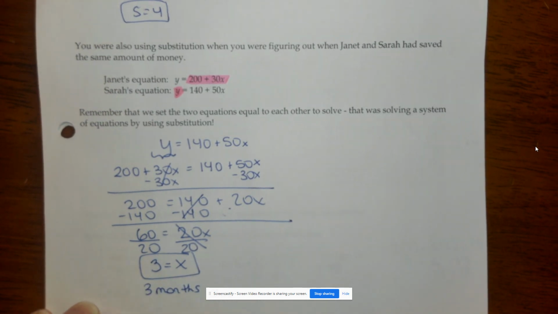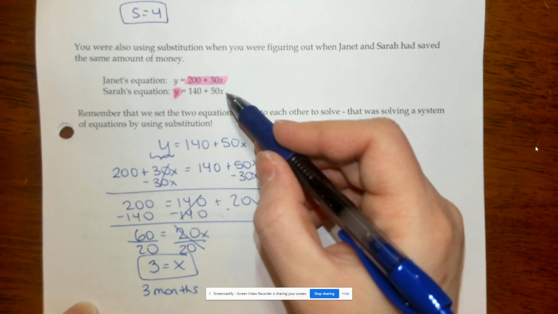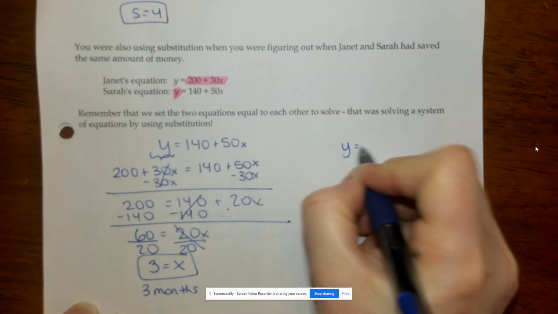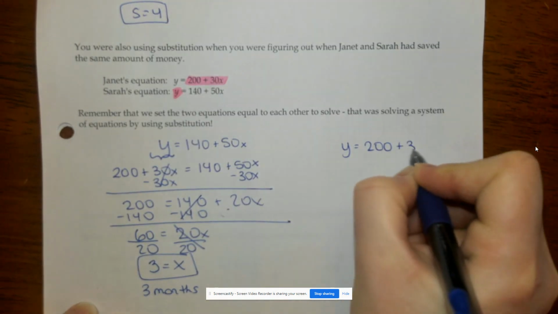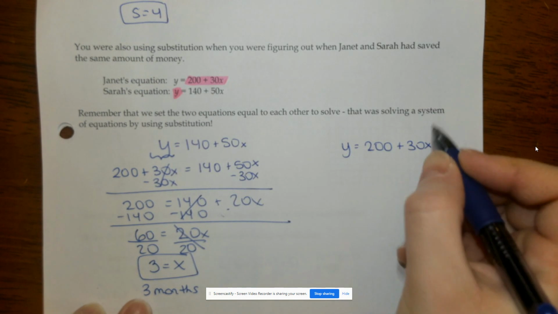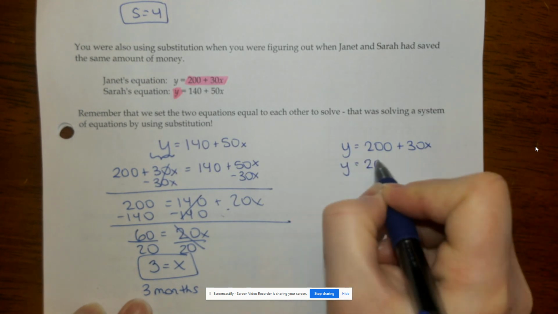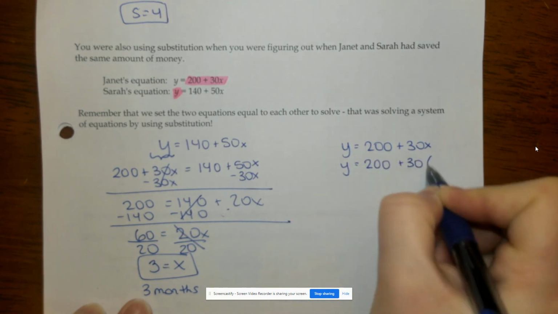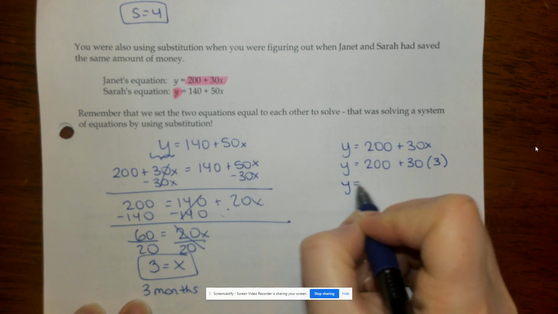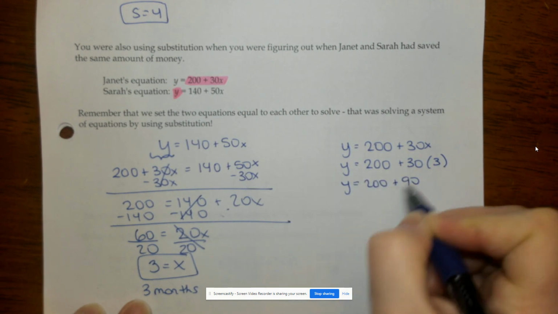But how much money will they have after 3 months? At 3 months, when they have the same amount, how much is that amount? So I would then go back. I can pick either equation, since it has to work for both of them. y equals 200 plus 30x, and I'm going to plug in the 3 months. That means she's got $200 plus $30 per month for 3 months. So $200 plus 90.